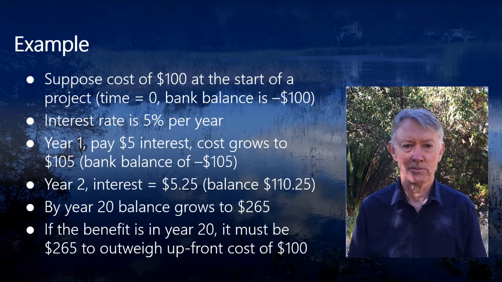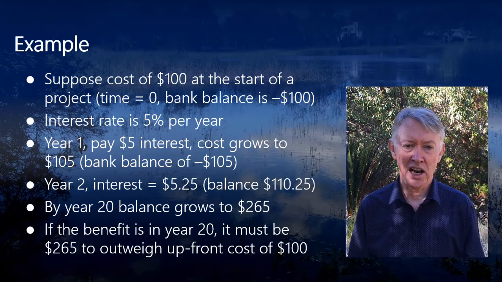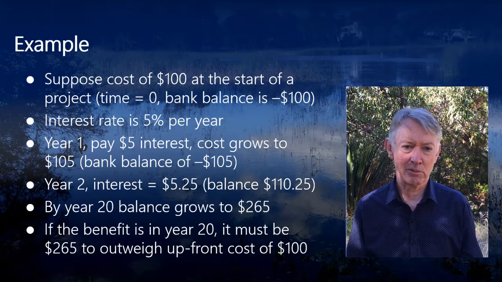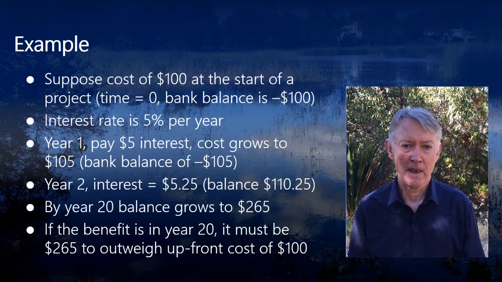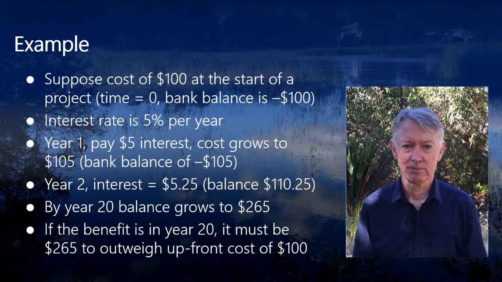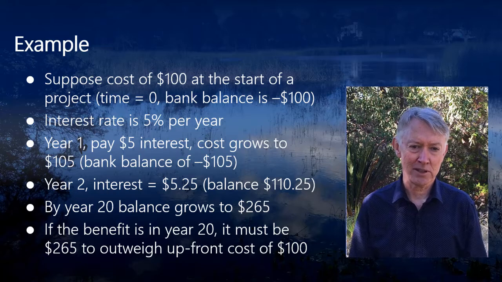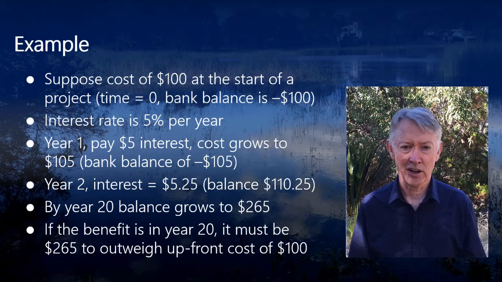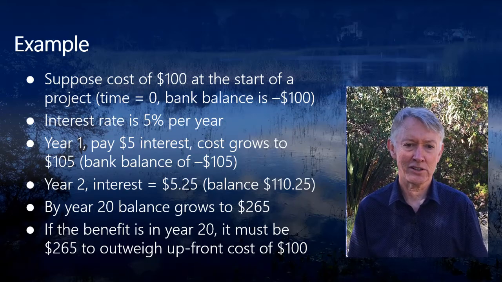Here's an example. Suppose that at the start of a project there is a cost of $100. The start of the project we'll usually call time 0, and the bank balance at time 0 in this case is minus 100. There's an interest rate of 5% per year, so in year 1 you have to pay the bank $5 interest on top of the $100 that you've already spent.